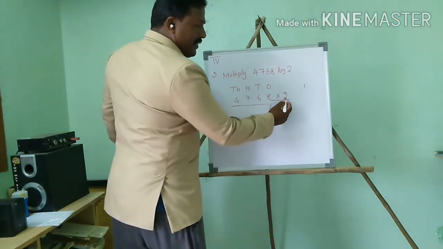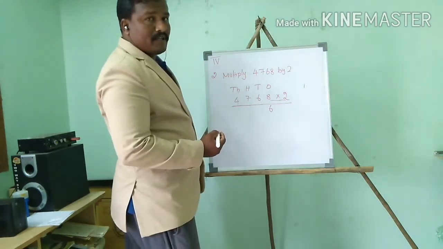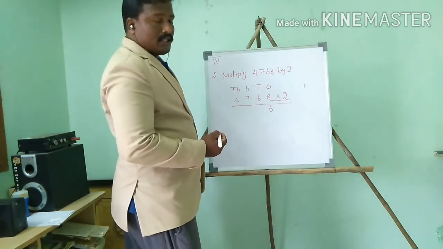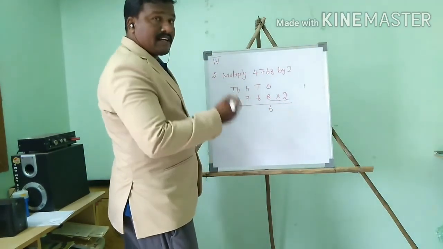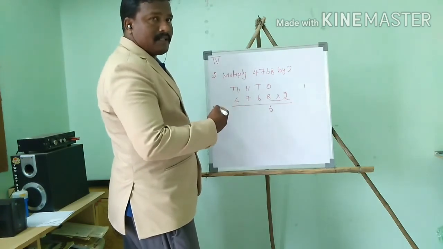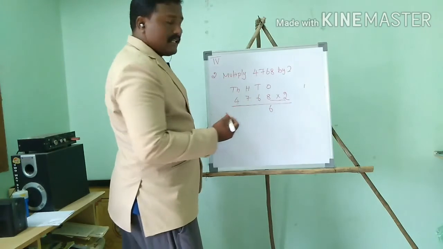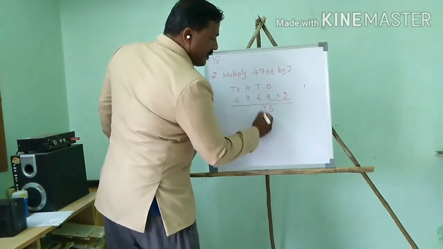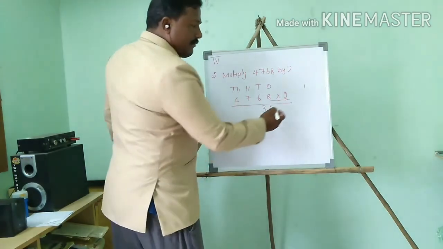Now we will multiply 2 and 6. 6 twos are 12. 12 plus 1 is 13. 13 we cannot write directly because we have to multiply another number, so we write 3 in the tens position. The carry is again 1.